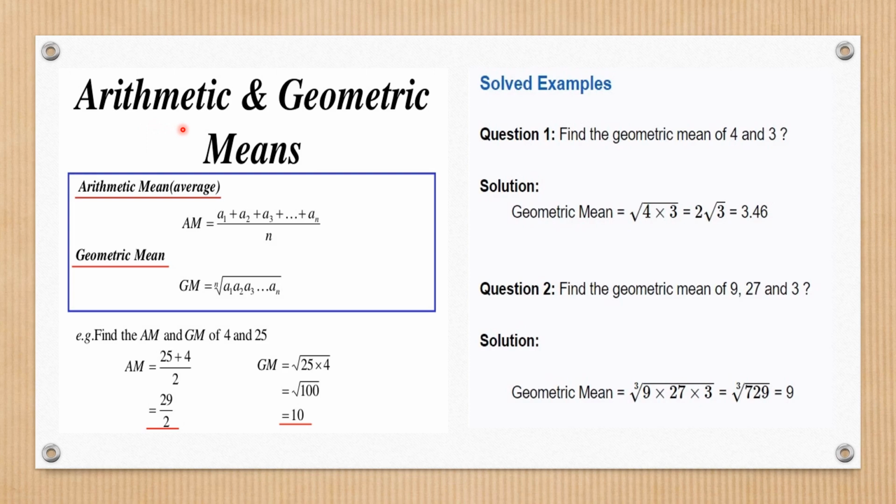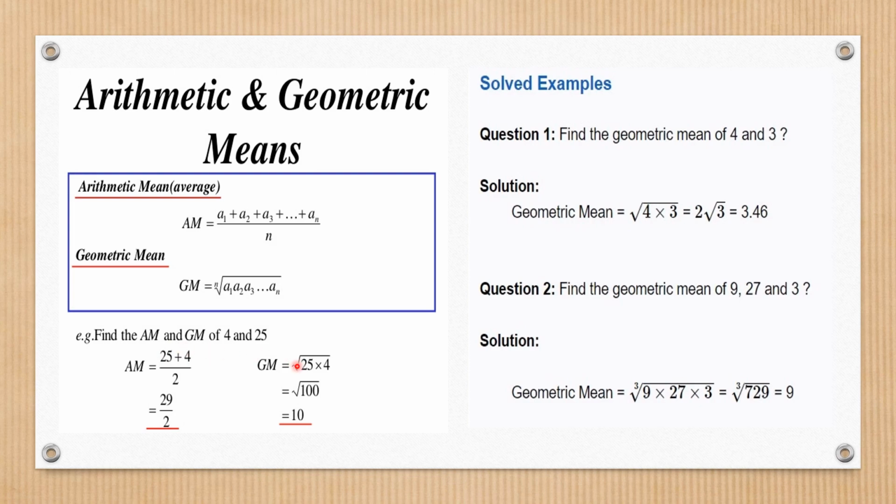So let us now sum up arithmetic and geometric means. Arithmetic mean means the average: the sum of the terms divided by n. For geometric mean, if there are n numbers, you multiply all those n numbers and take the nth root. For two numbers, the square root; for three numbers, the cube root, like this. Let us see with an example: if you need to find the arithmetic mean between 4 and 25, it will be simply (a + b)/2.